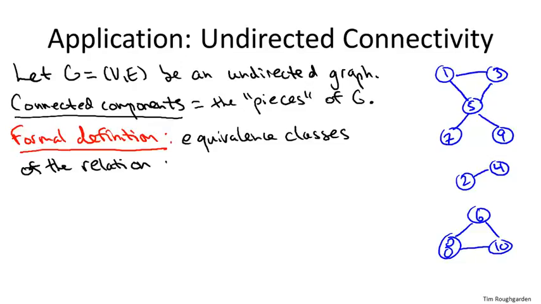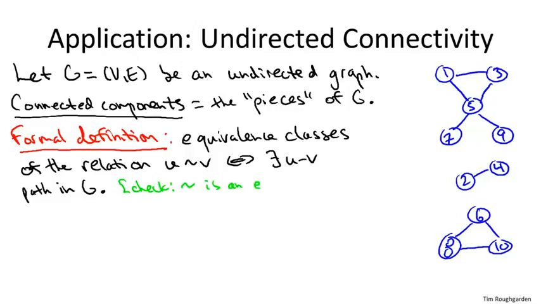A good formal definition is the equivalence classes of the relation on vertices, which we define by u being related to v if and only if there's a path between u and v in the graph G. I'll leave it for you to do the simple check that this squiggle is indeed an equivalence relation.